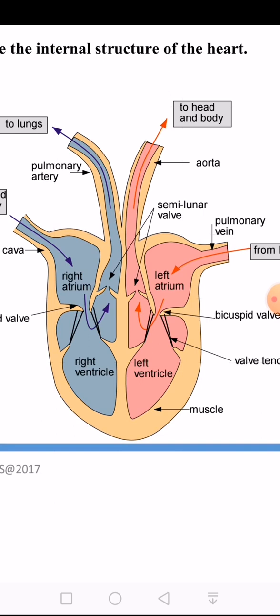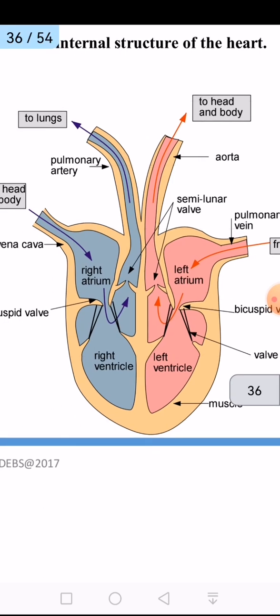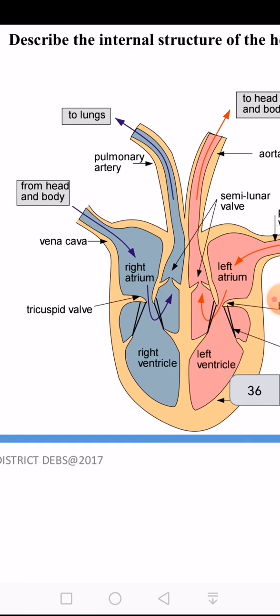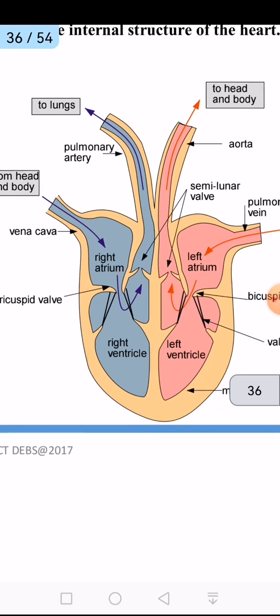The tube that receives blood from the lungs is the pulmonary vein. The tube that receives deoxygenated blood from the body is called the vena cava. So we have to pay much attention to all the tubes. The tube that sends oxygenated blood to all parts of the body is called the aorta.